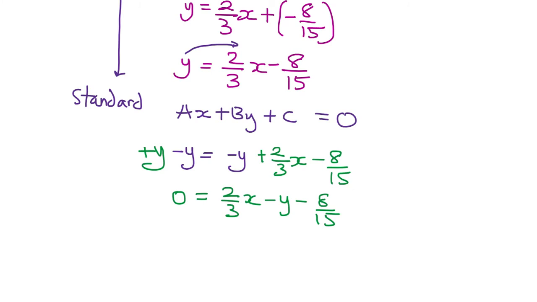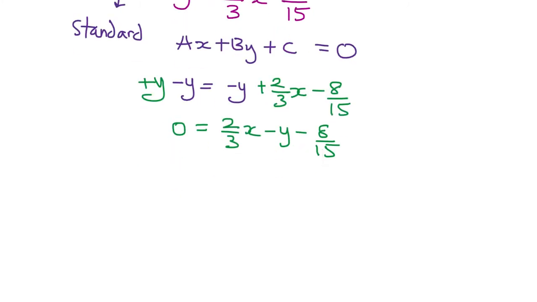So what we recognize here is that we have fractions for our a. Our a is a fraction, and we want to change it into a non-fraction, which means that we'll have to multiply by the denominator, which in this case is 3.